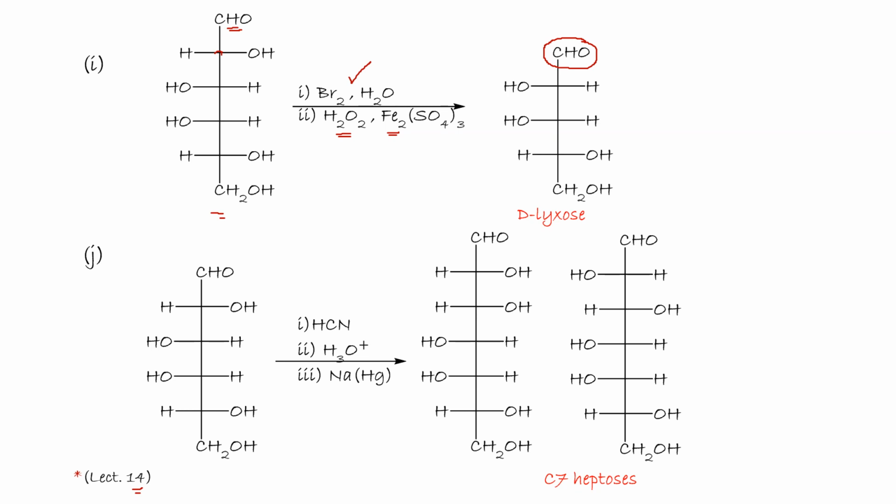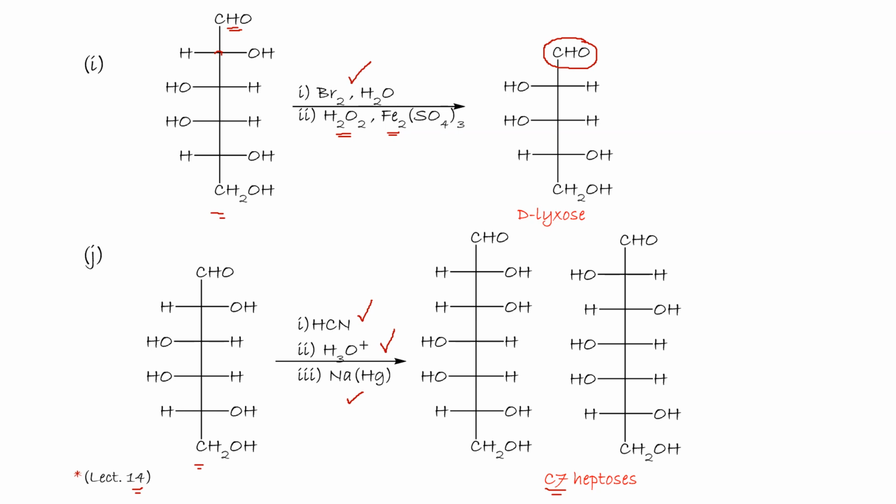When we have the D-galactose, we apply hydrogen cyanide, then hydrolysis, and then reduce with sodium amalgam. We extend actually from C6 D-galactose to C7 heptoses.